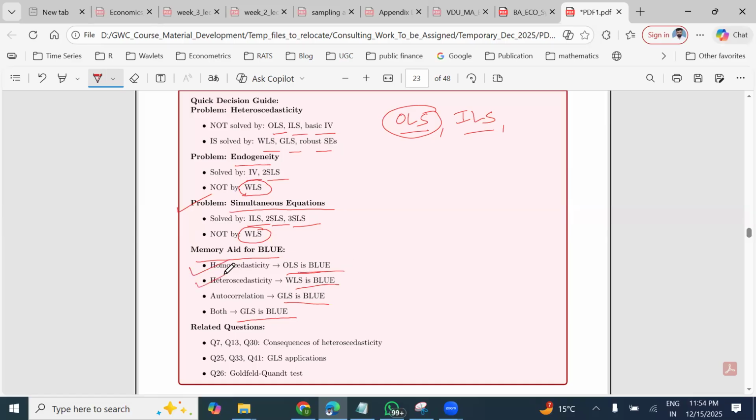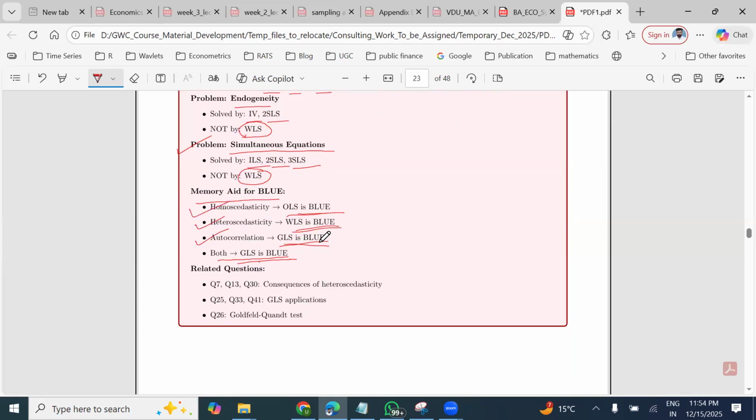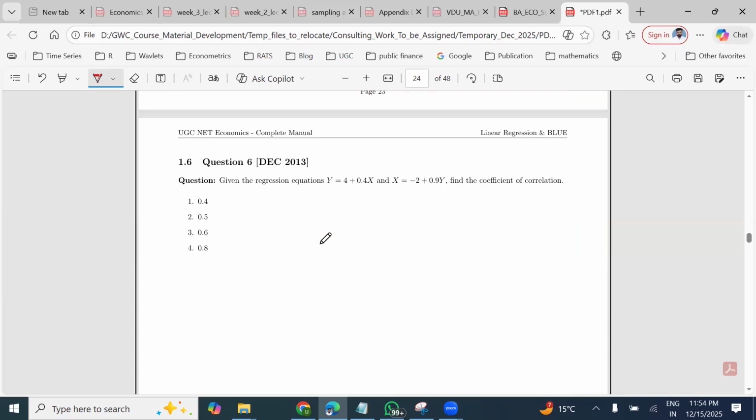In case of heteroscedasticity, WLS is BLUE. In case of autocorrelation, you will be using GLS, that is BLUE. Now, both, GLS is BLUE. Okay. So now you have all this in detail.